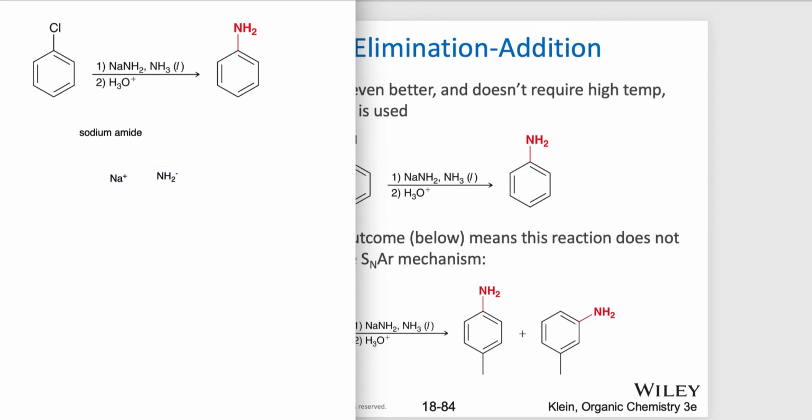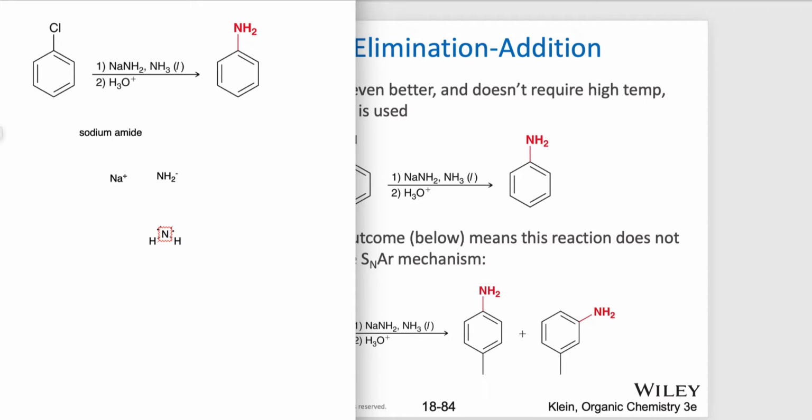We need to be able to draw what sodium amide looks like. Here's my nitrogen. And basically, we have to realize that there are 2 free electron pairs on that nitrogen. Let me draw these in. And with these 2 electron pairs comes a negative charge.